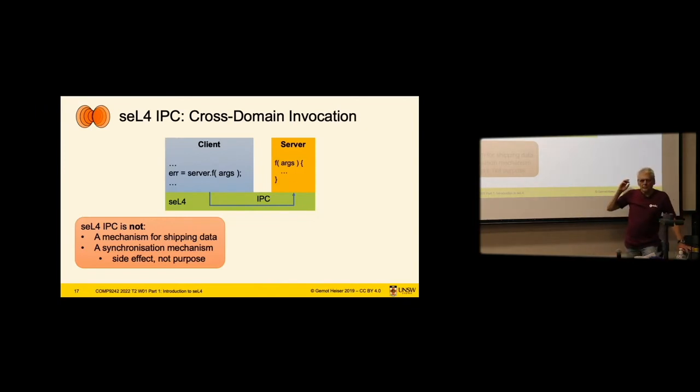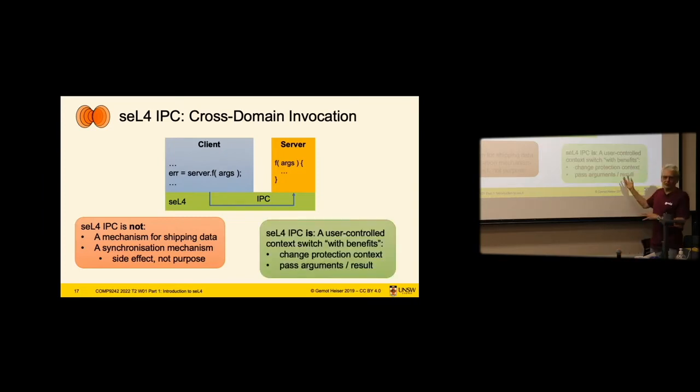So if you ever dealt with IPC before, forget pretty much everything you learned, in particular Linux kind of IPC, because seL4 is not a general purpose message passing mechanism. It's not a mechanism for shipping bulk data or anything like that. It's a mechanism for invoking functions in a different address and protection context. And all it passes, you look at it as function arguments and return values.